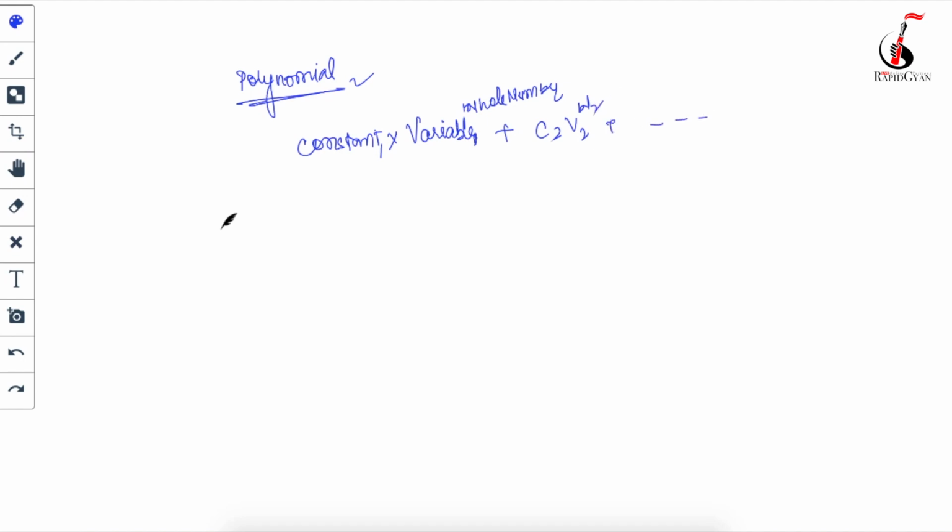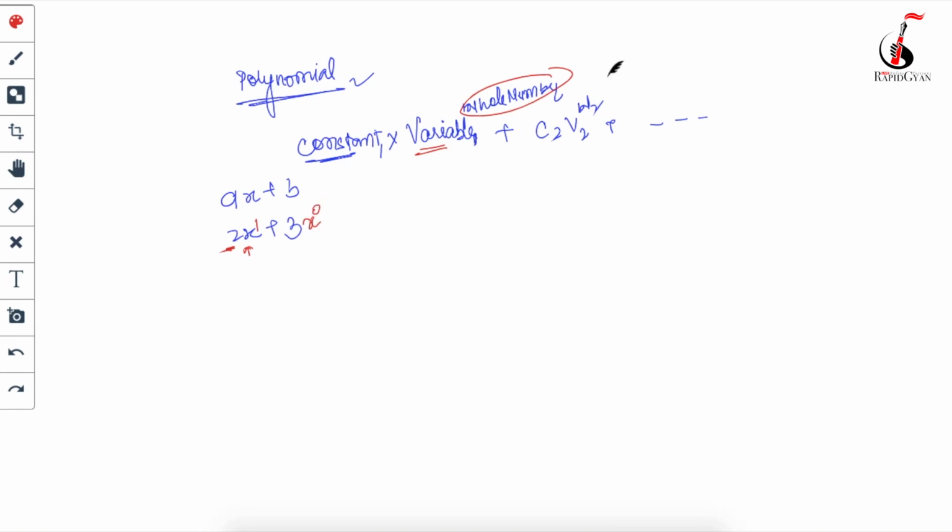For example, ax plus b, or you can say 2x plus 3. Here is your constant, and here is your variable, and the power of x is 1, which is a whole number. Here it's 3, so you will say, sir, there is no x over here. Yes, x is there: it is x to the power 0.